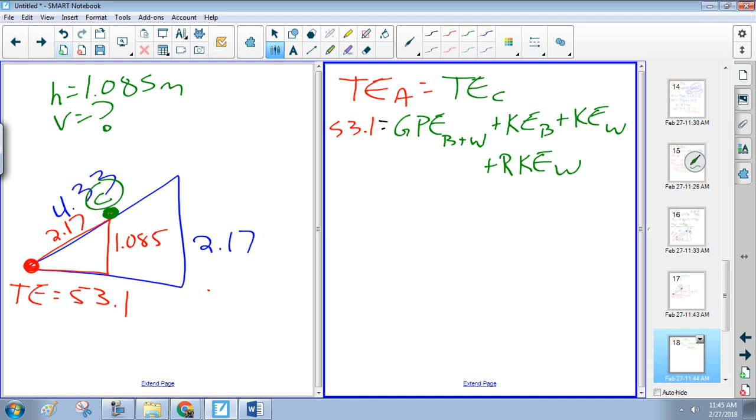So I'm looking at 53.1 equals, let's see, the mass is 2.5 times 9.8 times the height, which was 1.085.